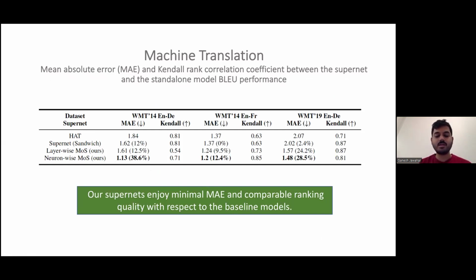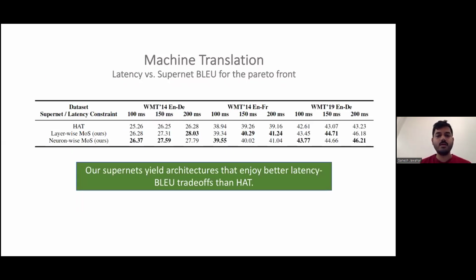The Kendall tau measures the ranking performance of the supernet, and you can see that the ranking doesn't improve greatly, and it doesn't decrease greatly either. So the main benefit we are getting is in bridging the gap, and not so much in the ranking. But it's hard to say how strongly Kendall correlates to the final performance. We see that our model still identifies better architectures and minimizes the overall training needed, right?